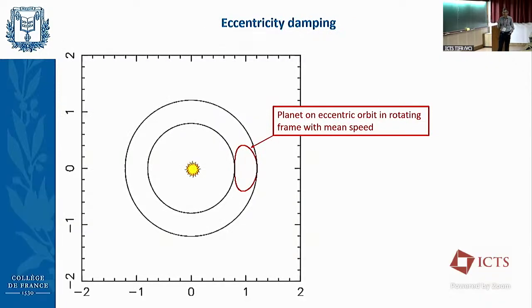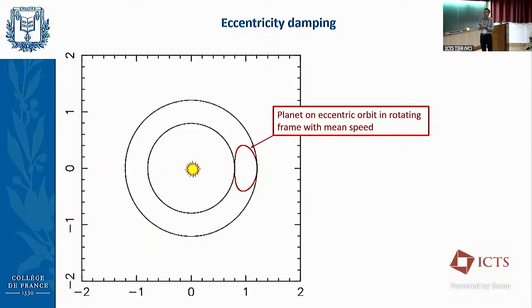Now, the wave not only forces the planet to migrate towards the star, but it also damps the eccentricity and the inclination, although we will only speak about the eccentricity of the planet. Why is that? If you have a planet on an eccentric orbit, in a frame co-rotating with the mean orbital speed of the planet, so that your frame makes one revolution as the planet makes one revolution, your planet is no longer stationary because it's on an eccentric orbit.